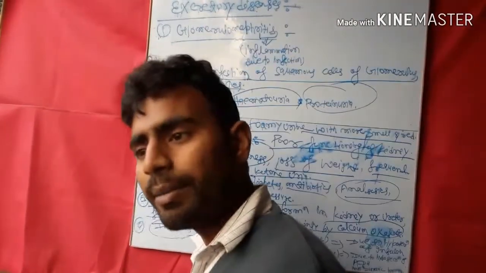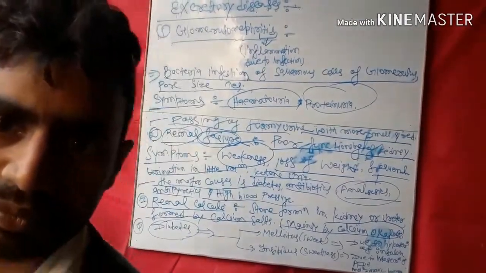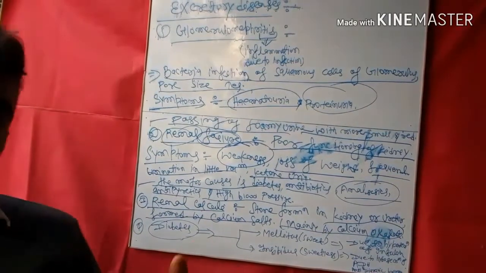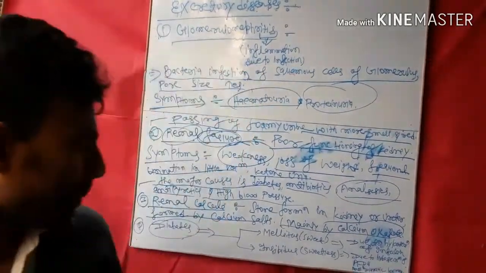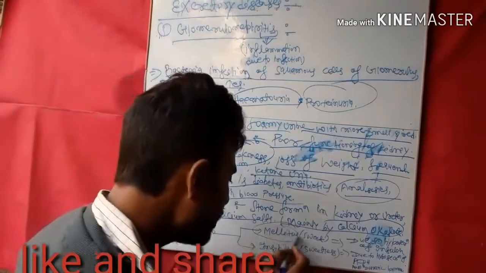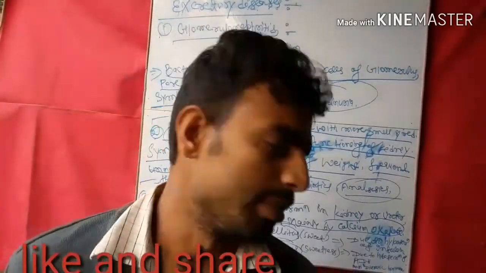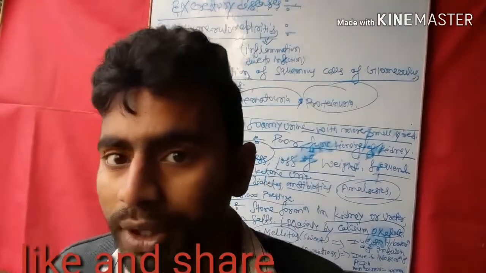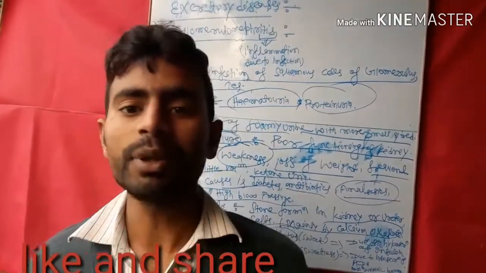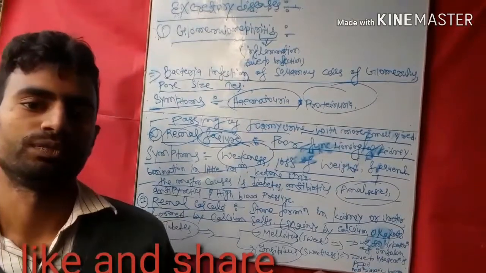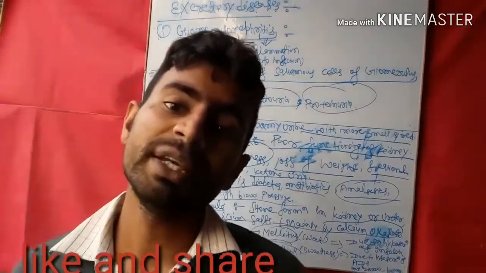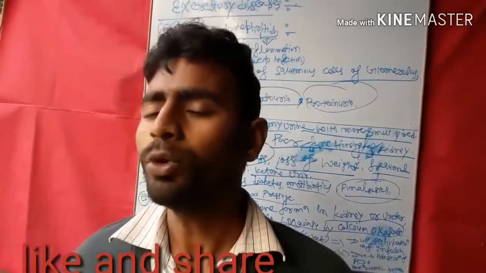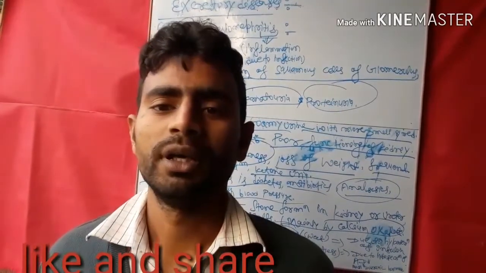We should know that diabetes is of two types: mellitus and insipidus. Mellitus diabetes is sweet, and insipidus is sweetless. Mellitus diabetes happens due to hyposecretion of insulin.